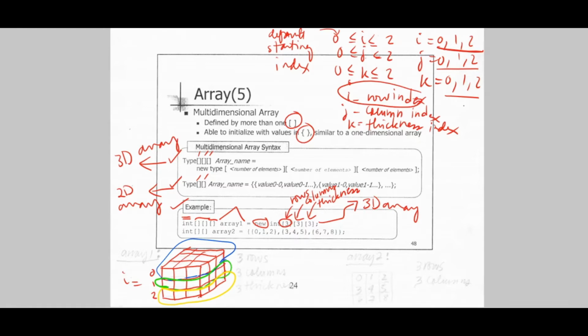This one in blue color, the top, is the first row, the green color is the second row, and the yellow color is the third row.